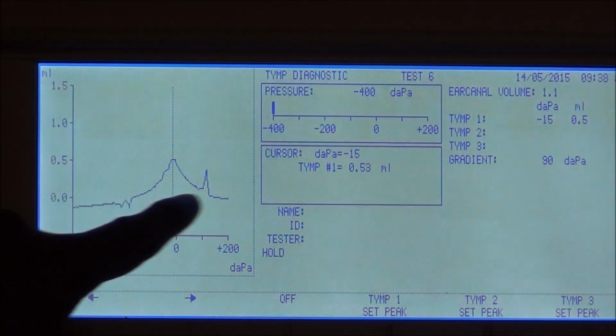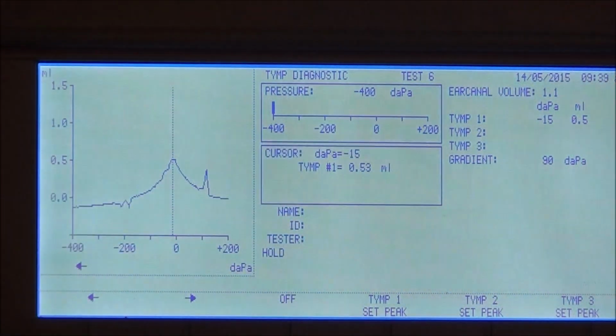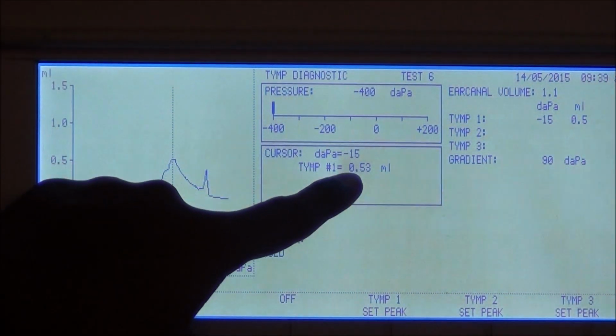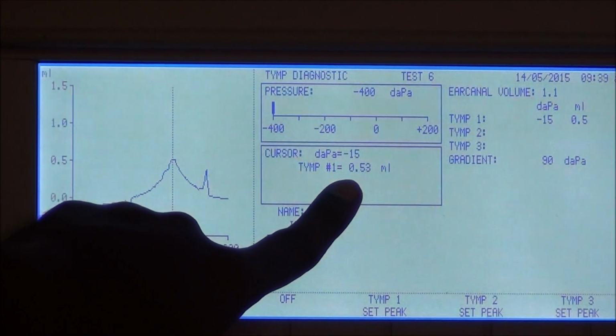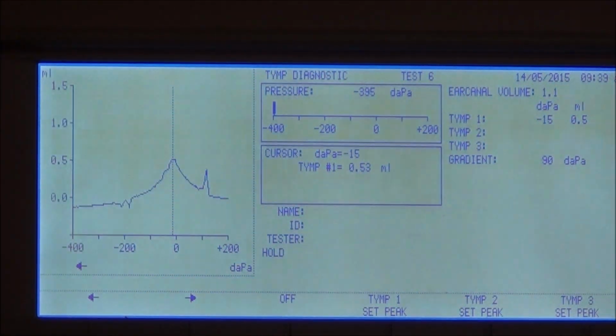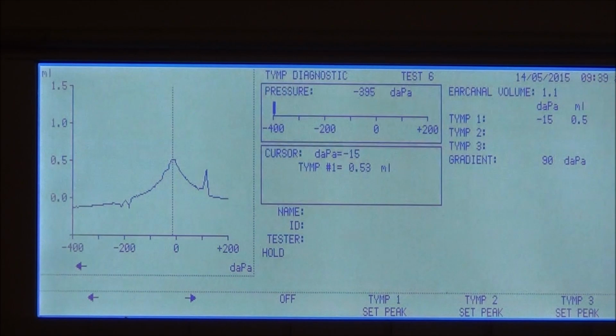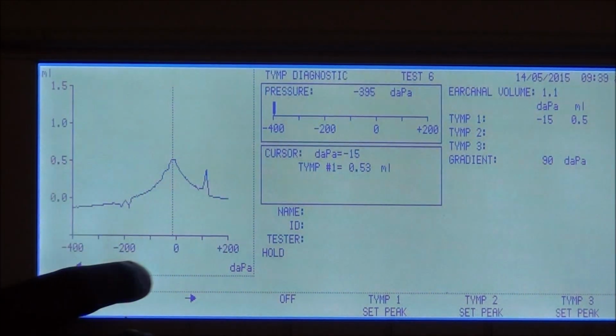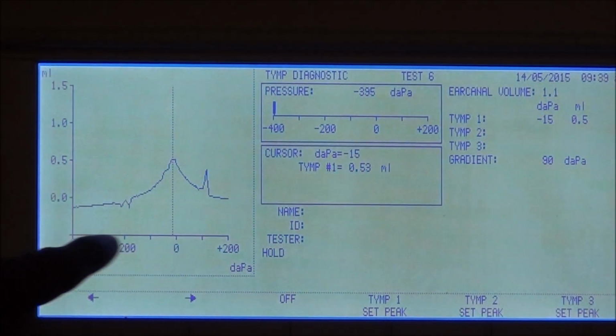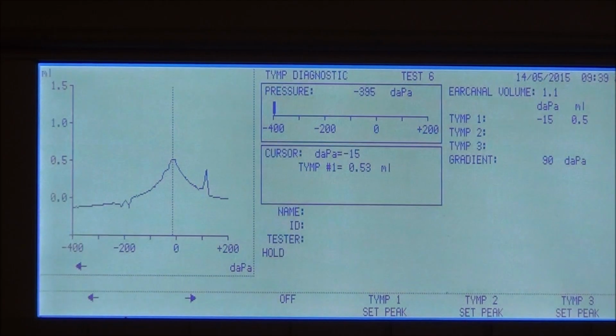You understand? 0.53 and -15. So my cursor also reads -15 and 0.53. So this is the place the instrument detected as peak compliance. You understand? Okay, so in many cases, if you measure it manually, you will avoid all this confusion. In this case the artifact is not so big, and we still detected the correct peak compliance, so it's fine. Otherwise we have to use the cursor.